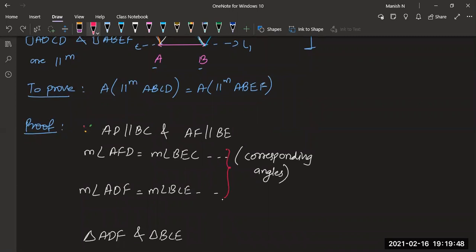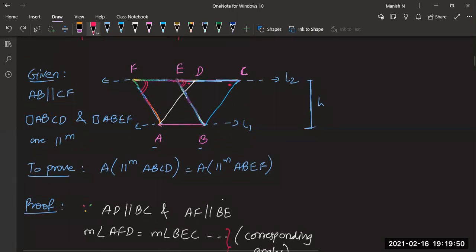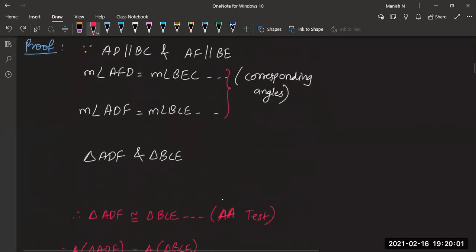So similarly, we can say triangle ADF and triangle BCE are congruent to each other because both of them have two angles in common. So they are congruent by the AA test, because the angles are equal, and if two triangles have both angles equal, we say they are similar or congruent to each other.